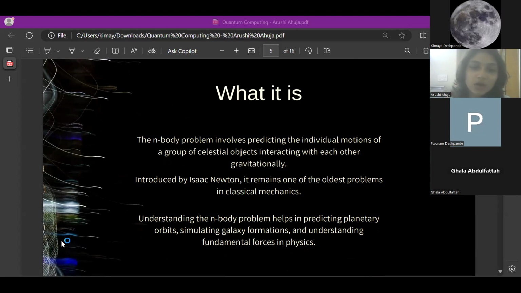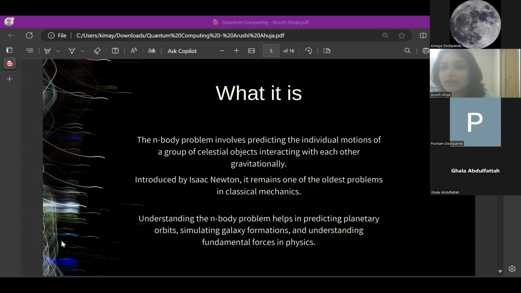But when you are, for example, a scientist, and you need to calculate the gravitational forces between many planets, or n number of planets, your calculations become increasingly difficult to do manually, right?